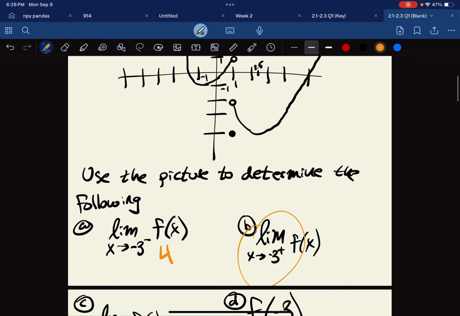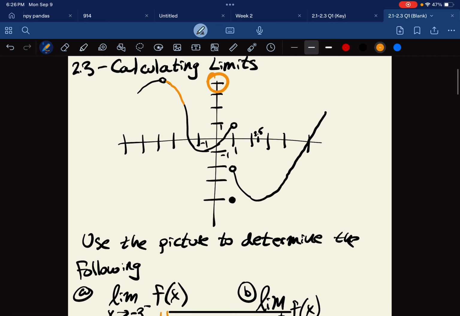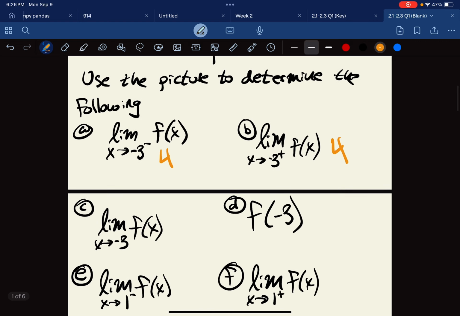All right, now how about -3 from the right? Now we take it from the right and we get closer and closer, and look at that, that's also approaching the y value of +4. So those two would be the same, and if our left-hand limit equals our right-hand limit, then our entire limit exists, and it's the same number.